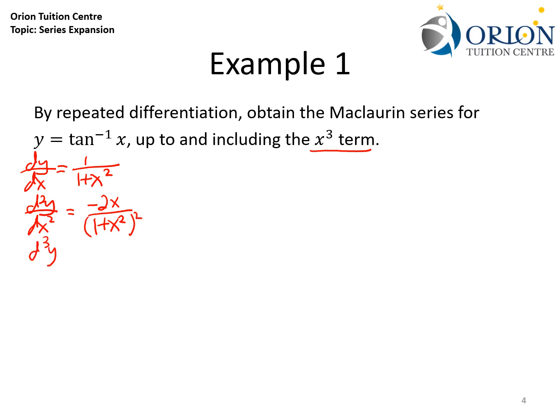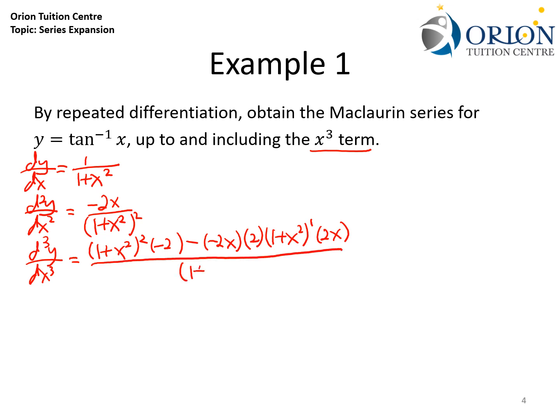And for d3y/dx cubed, we have to make use of the quotient rule, which gives us (1 plus x squared) squared times negative 2 minus negative 2x times 2 times (1 plus x squared) to the power of 1 times 2x, divided by (1 plus x squared) to the power of 4.